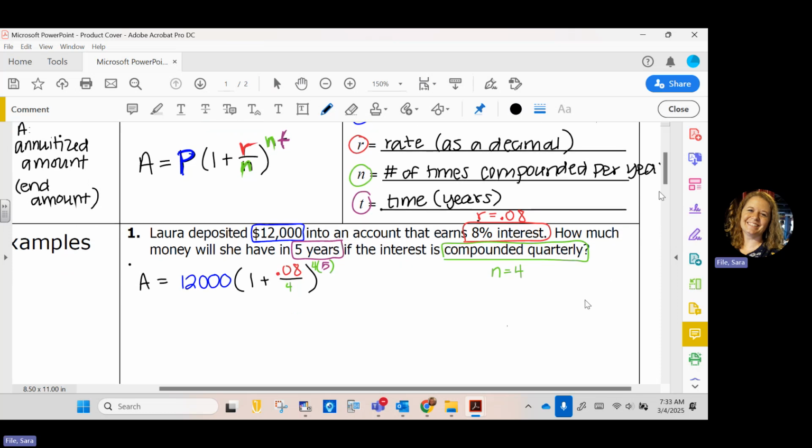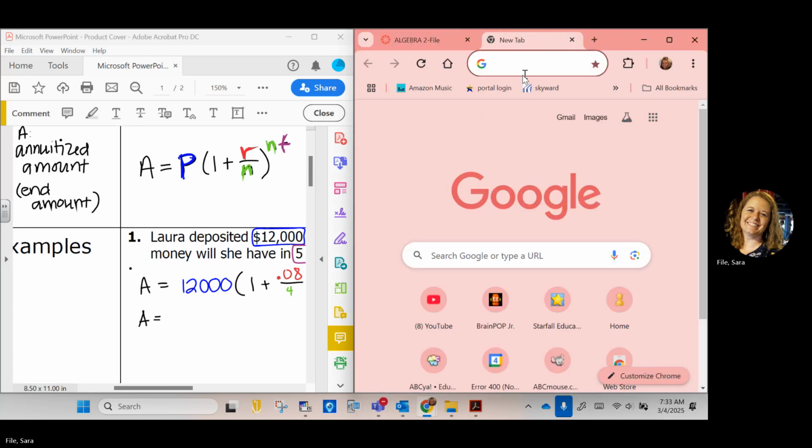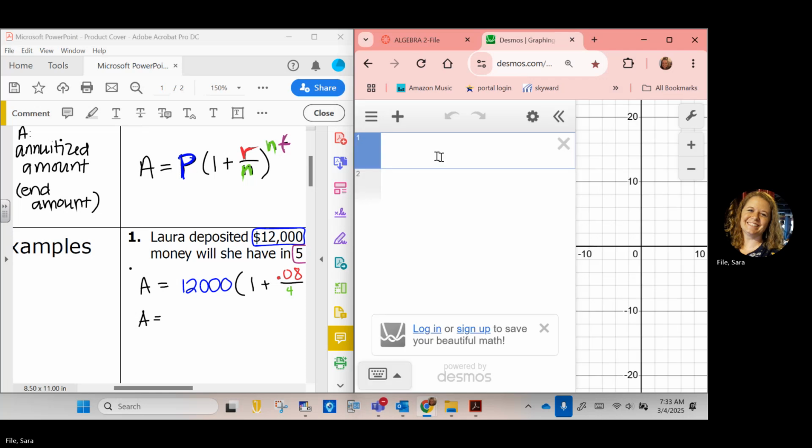All right, so now this is just a calculator question. So I'm going to type this in. Let me split screen here. Okay, so 12,000 times 1 plus 0.08 over 4.